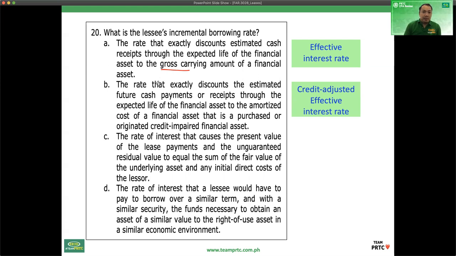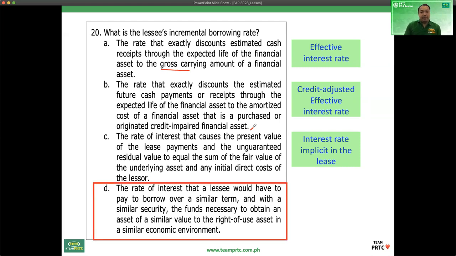So, applicable to purchase or originated credit impaired financial assets. So ito yung mga financial asset na nung bilhin or in-originate, impaired na. Okay. C, no. Yung letter C, that is the interest rate implicit in the lease. At kung available nga yung interest rate na yan, use that to discount the lease payments. Kung hindi available yan, then incremental.